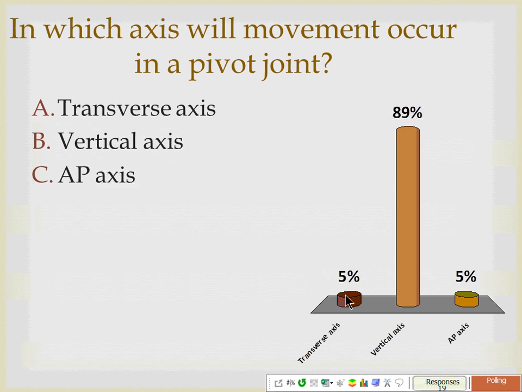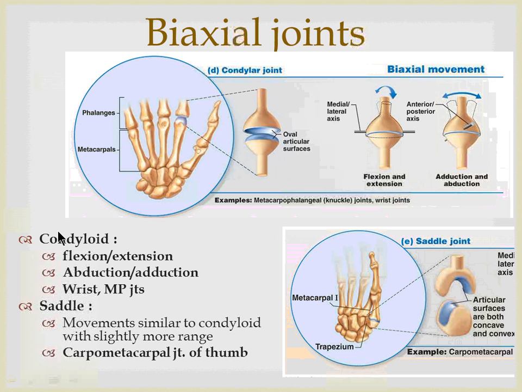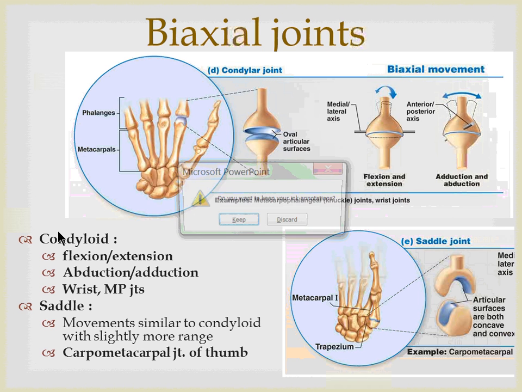Vertical axis, pivot joint allows rotation in a vertical axis. In a transverse axis, it's flexion, extension. In an anteroposterior axis, it's abduction, adduction. So it's a vertical axis. Okay, we'll stop here and we'll continue with this.